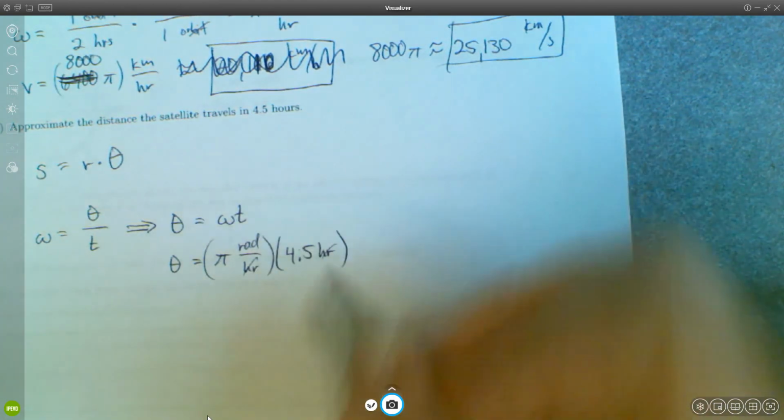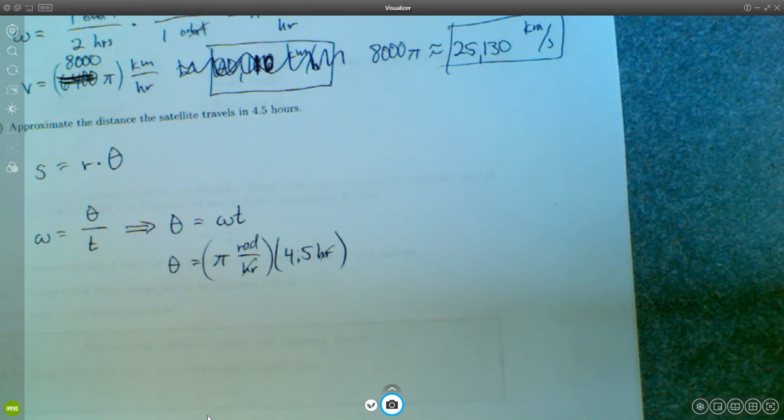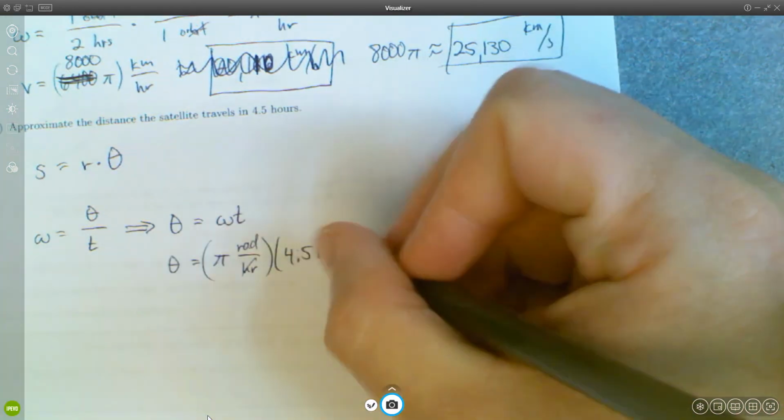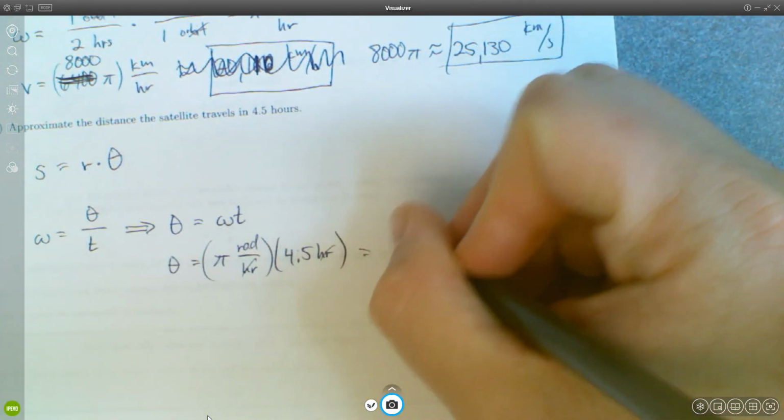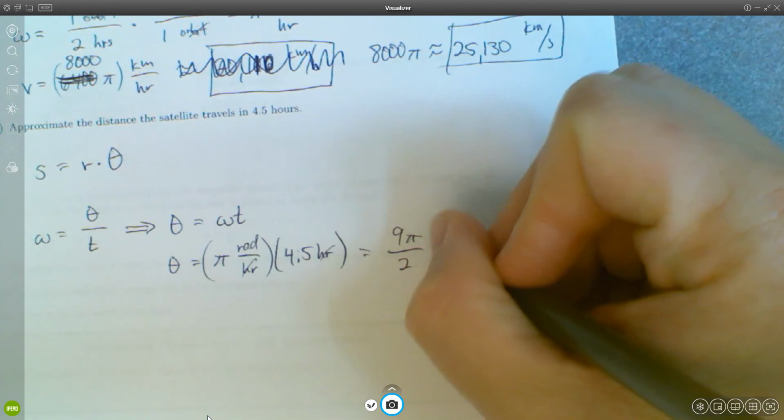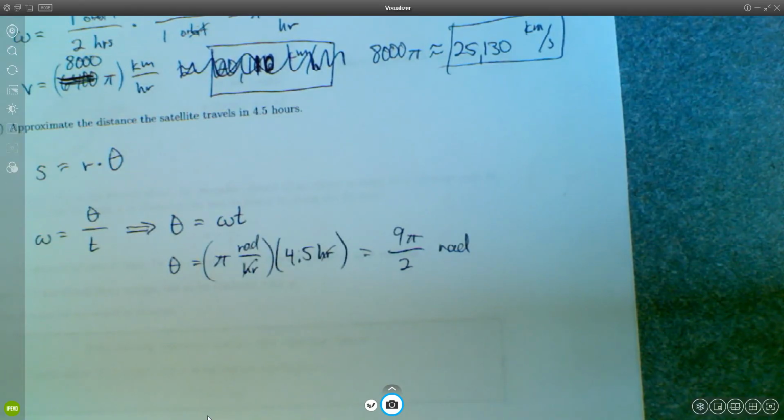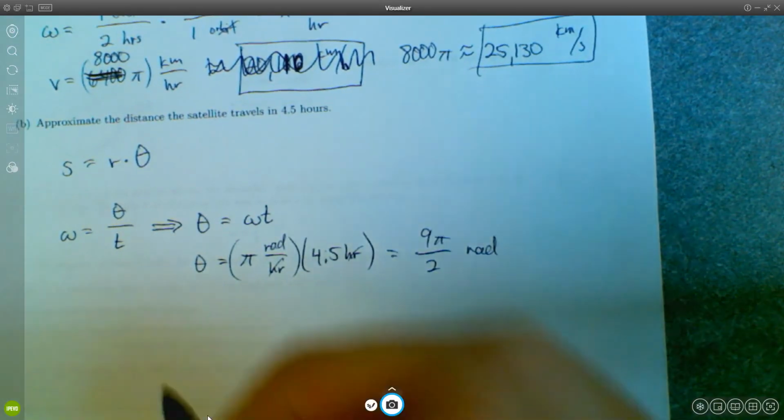So the hours are going to cancel and leave us with radians, which is exactly what we want. But that's 4.5 pi, so 9 pi over 2, right? Okay, so theta is 9 pi over 2. We're ready to plug stuff in.